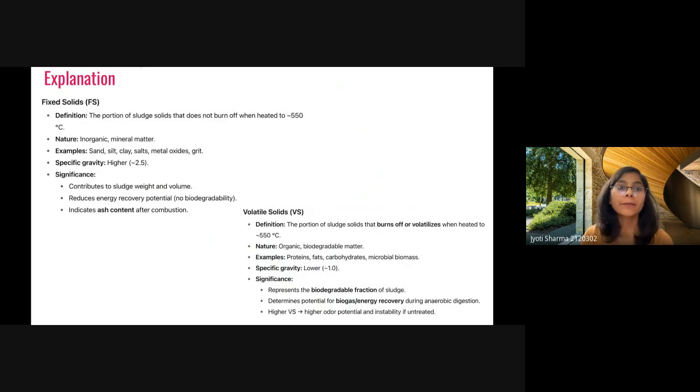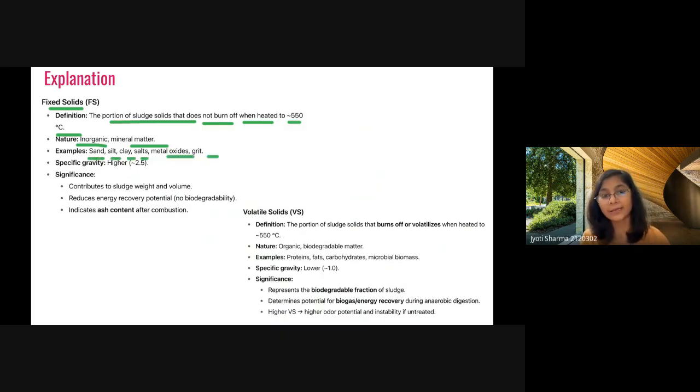Okay. And because we were talking about fixed solid, this is the portion of sludge solid that does not burn off when heated to near 550 degrees Celsius. And these are inorganic or mineral matter, for example, sand, silt, clay, salt, metal oxide, and grit.